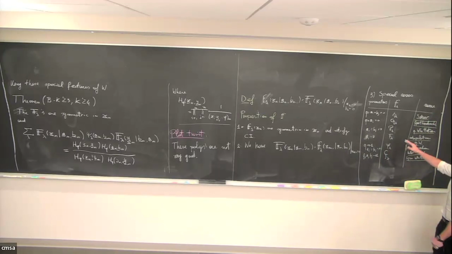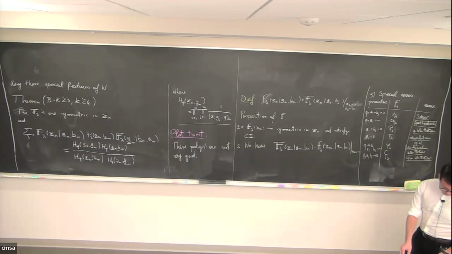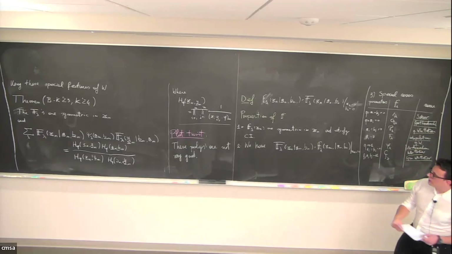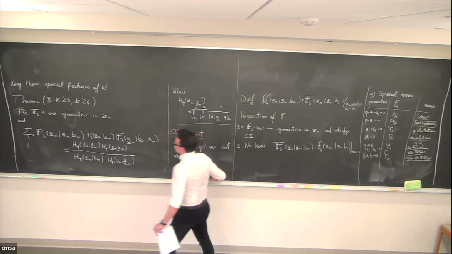So these are called inhomogeneous Grothendieck polynomials. I call them in this way, some other people call them in this way. I can give the definition, but maybe there is no time. Okay, let's start enumerating non-trivial properties.